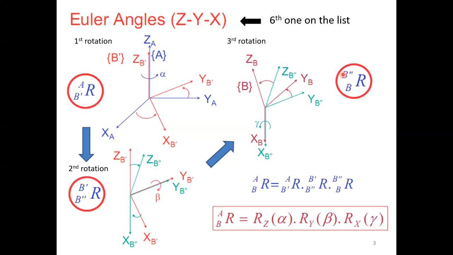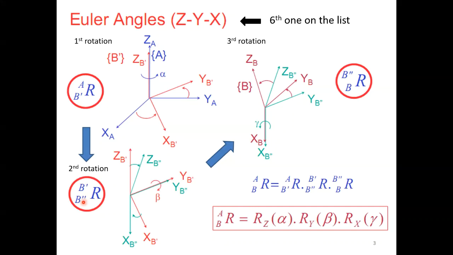Now between A and B, there are two intermediate coordinate frames. One is B dash, the other one is B double dash.